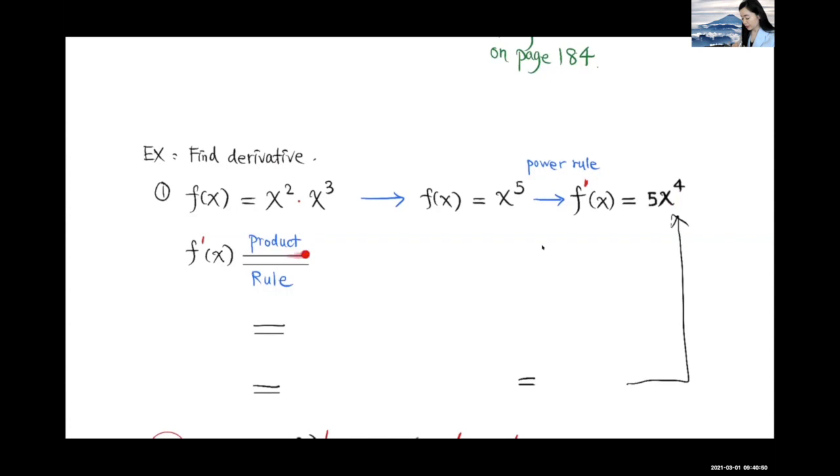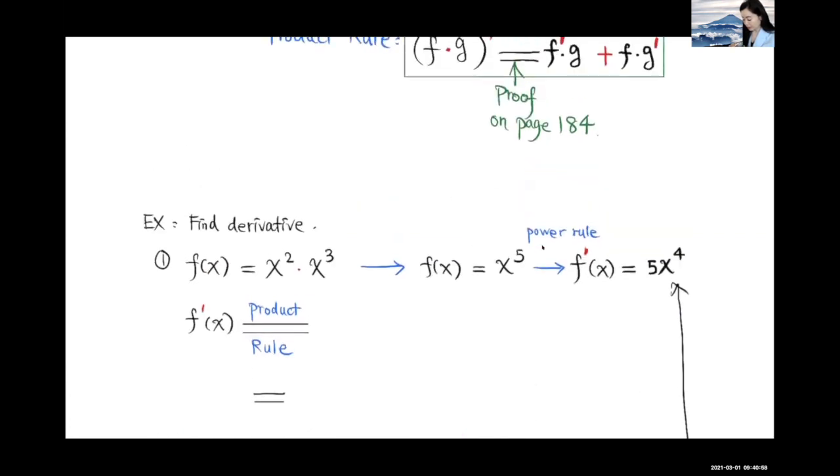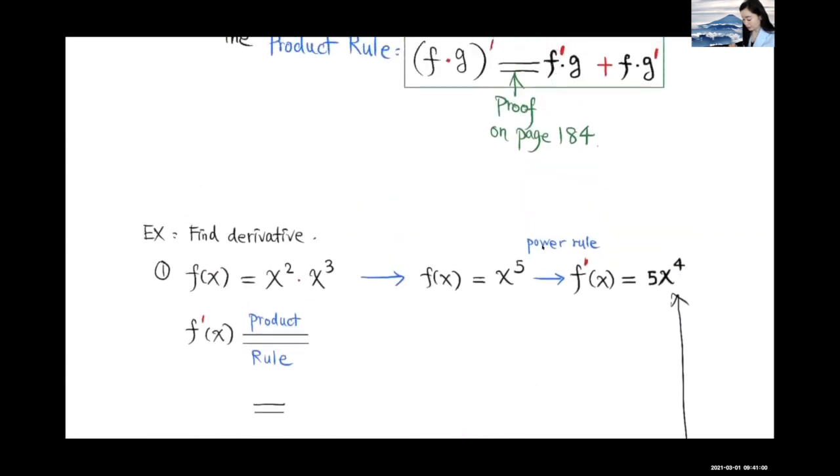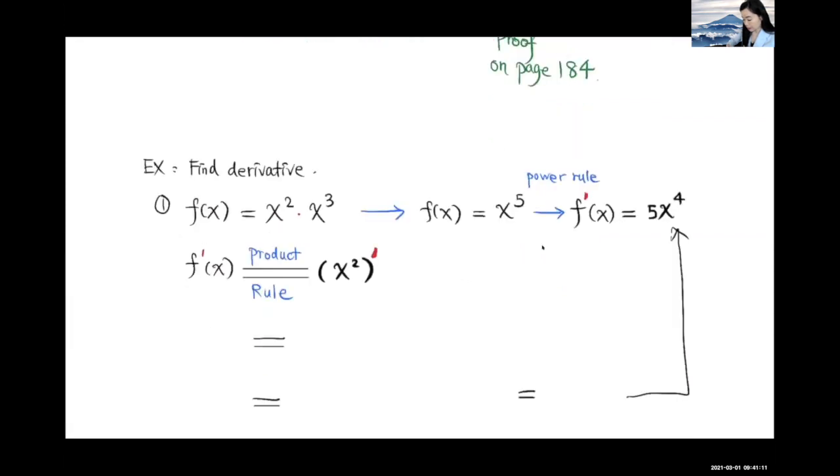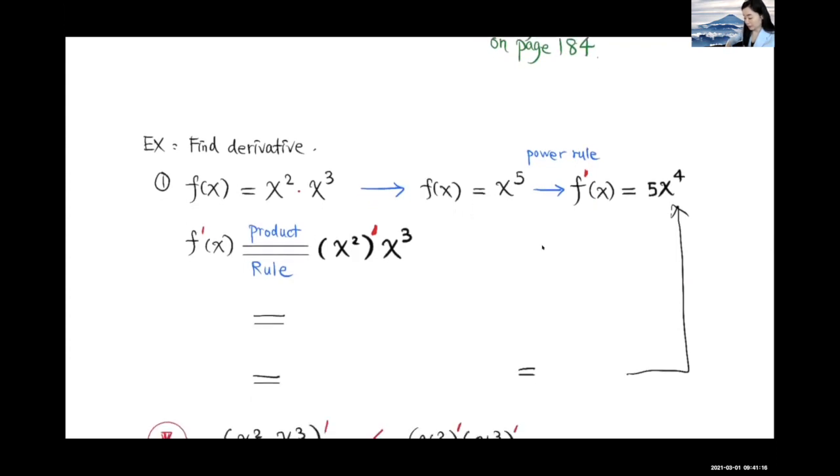Now let's use the product rule on this and see if we come up with the same answer. According to the product rule, we're going to differentiate the first function, and then times the second function. And adding, now the first function, you just copy, and then times the derivative of the second function.